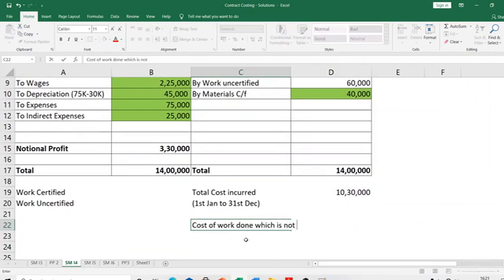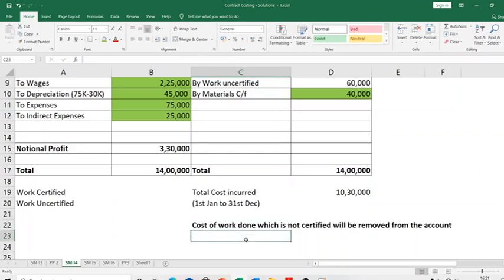Read this sentence very carefully. Cost of work done which is not certified will be removed from the account.